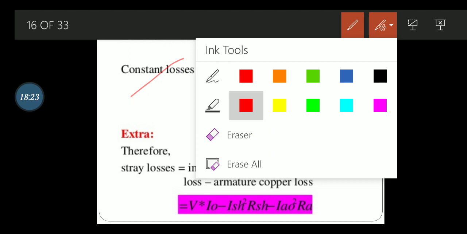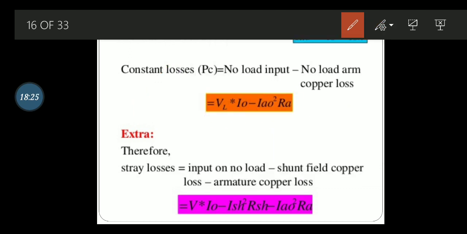And even the stray losses can also be calculated by using the formula: input on no load, minus shunt field copper loss and armature copper loss.